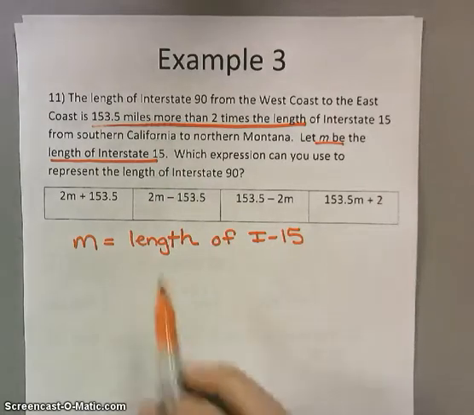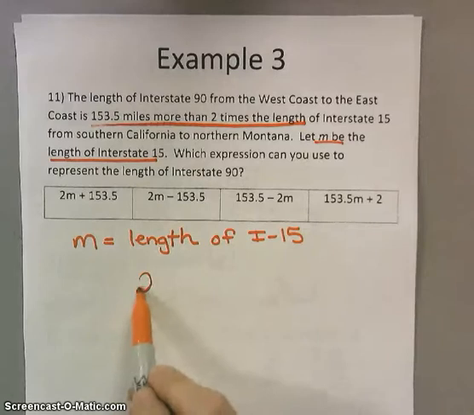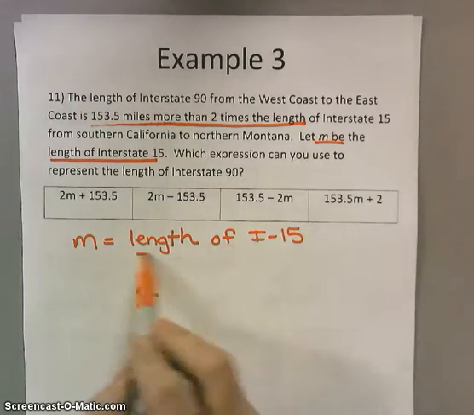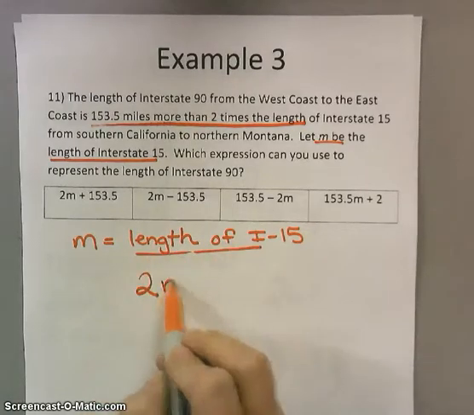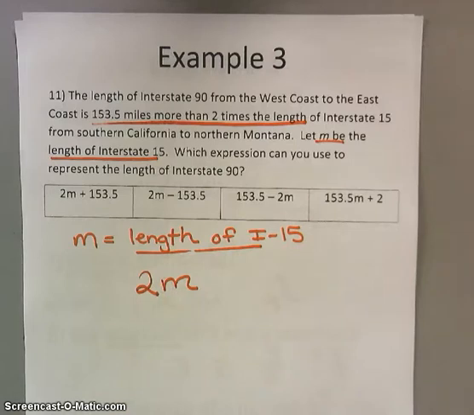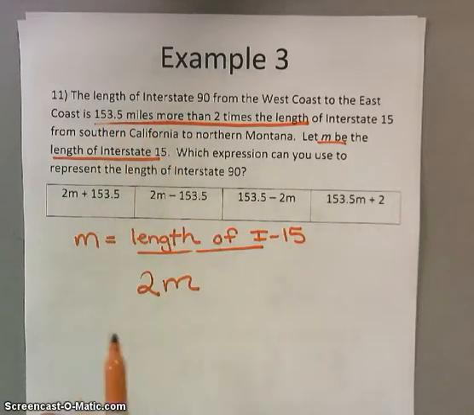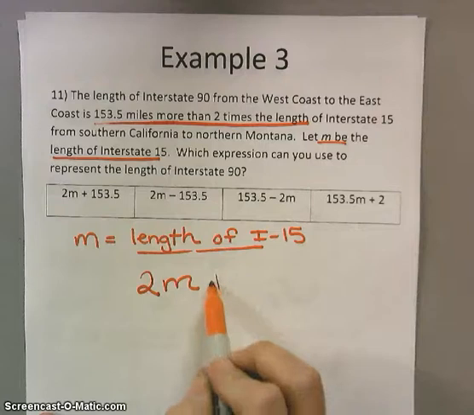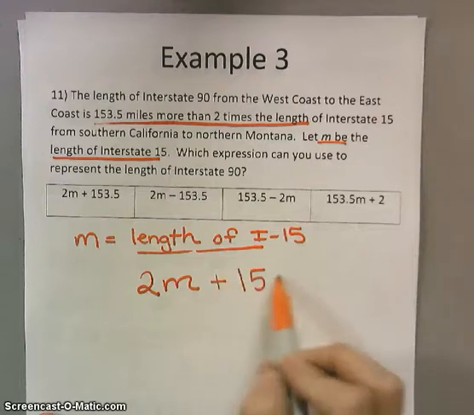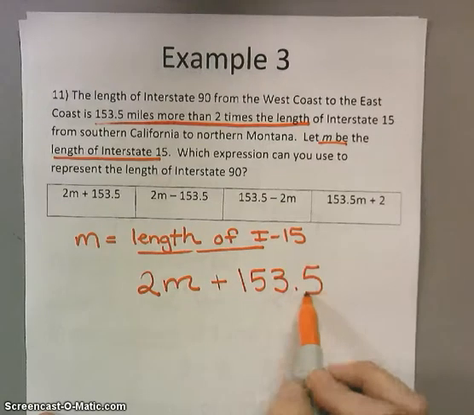Well, I know that I can go 2 times the length of Interstate 15, so 2 times M, and it has to be 153 5/10 miles more than that. So more than means I have to add 153 5/10.